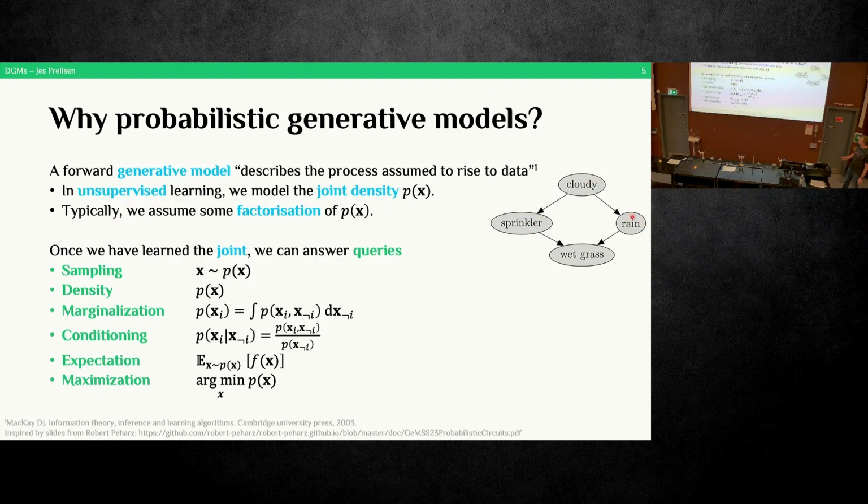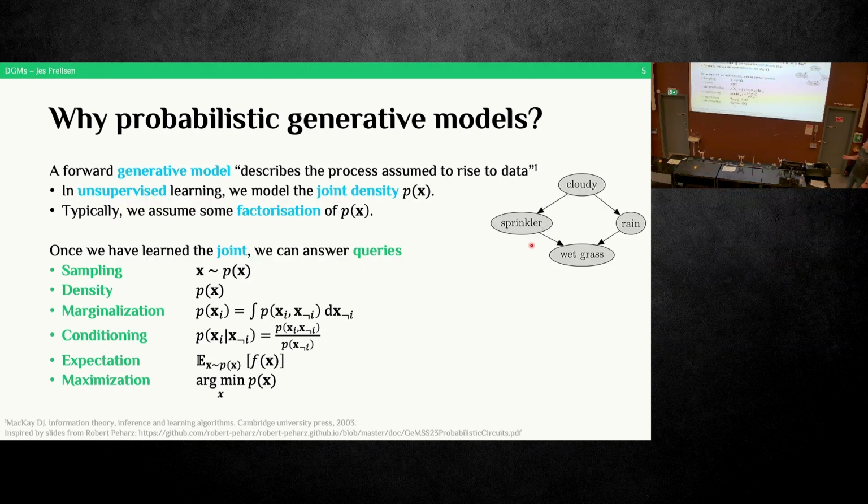If it's cloudy, then most likely it's raining, and if it's cloudy, most likely the sprinklers are not on. And there are two explanations for why our grass could be wet: either the sprinklers are running, or it could be raining. So in old school generative modeling, we would write down these graphs.